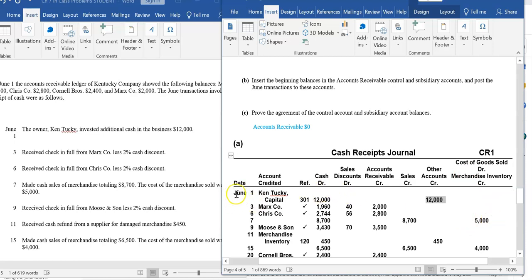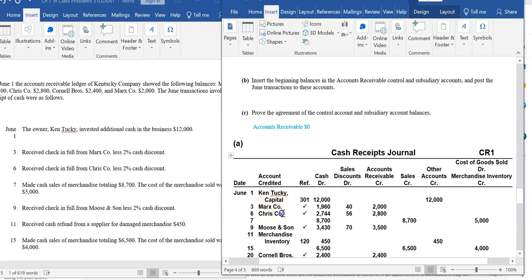I want to point something out here. Notice that this is the first transaction we've recorded in the cash receipts journal that doesn't have an account identified here. In the first one, we had to identify the account because we didn't have a specific column to credit, so we used the other accounts column, and we notated here the account being credited.